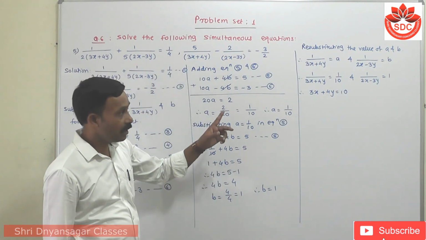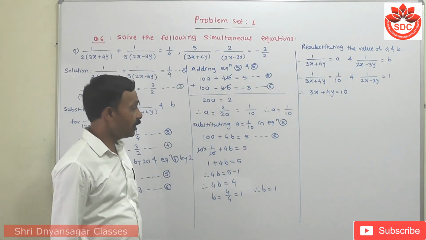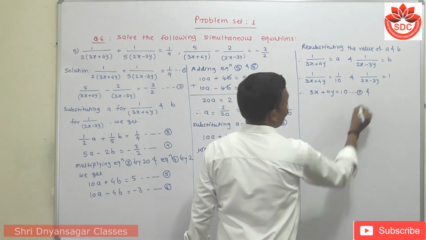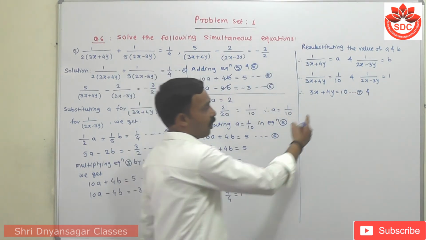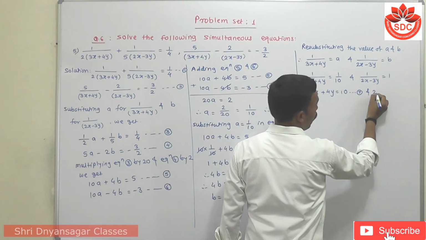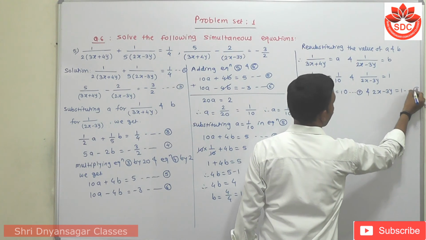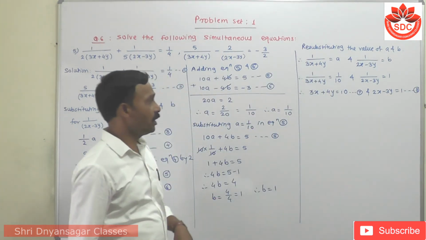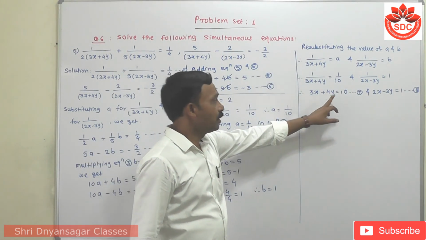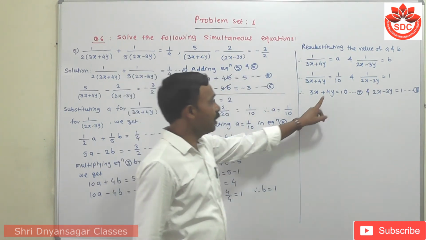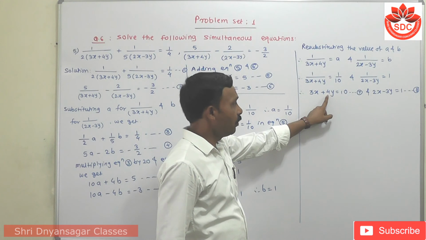Can you understand this? Okay, we take the equation number as 7. And another one, by cross multiplication we get 2x minus 3y is equals to 1. This is equation number 8. Now again observe equations 7 and 8. If we multiply this equation by 3, we get 12y.